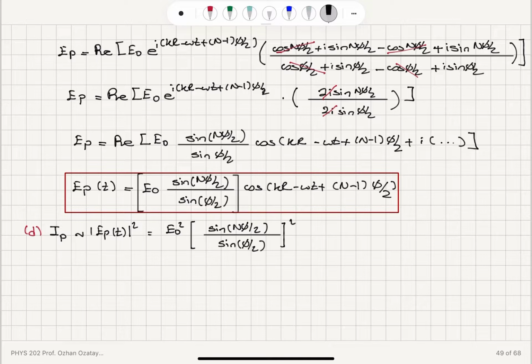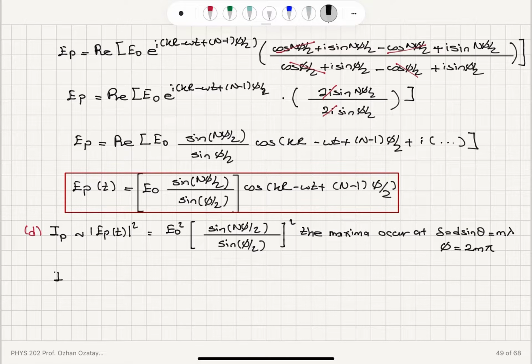And the maxima in the intensity will occur when we have a path difference of d sin θ equal to an integer multiple of wavelengths. That means the phase difference φ should be equal to 2mπ, integer multiples of 2π.